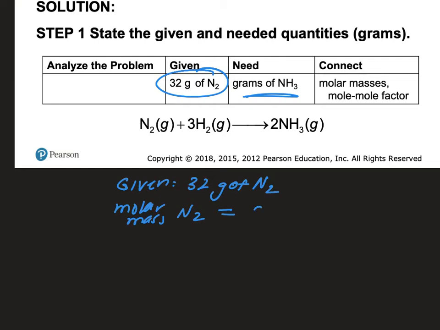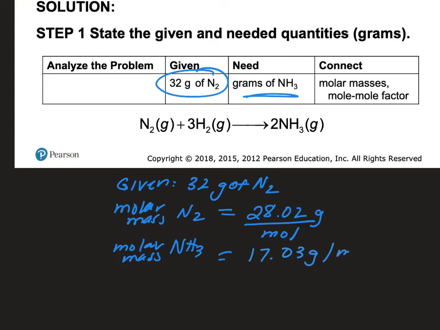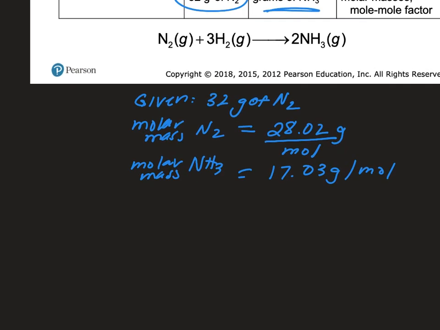So we have 2 nitrogens, so that would be 28.02. Now when we're doing the molar mass, it's grams per mole. We can also determine the molar mass of ammonia, which equals 17.03 grams per mole.